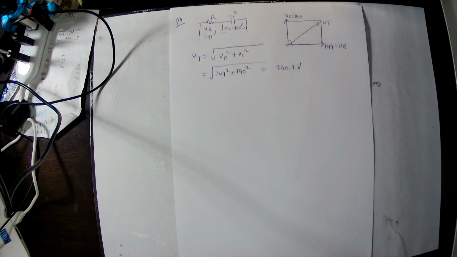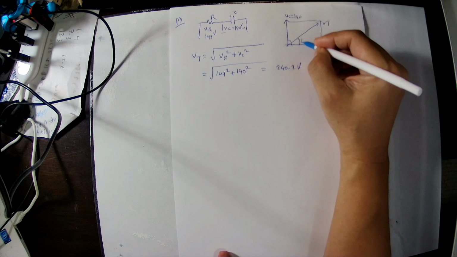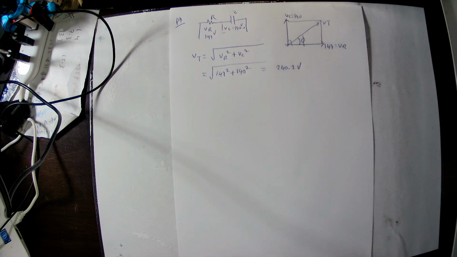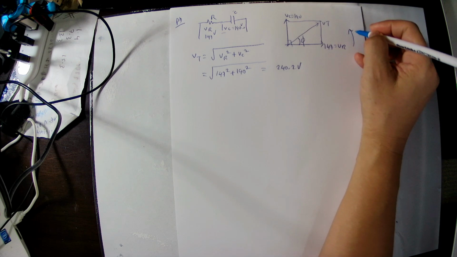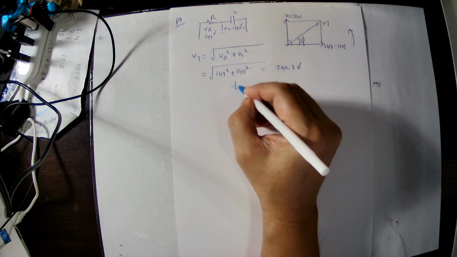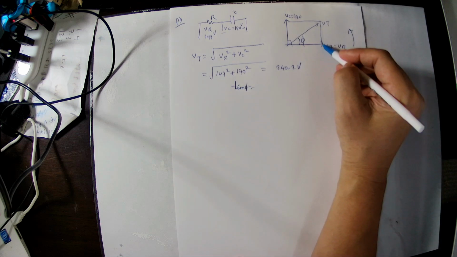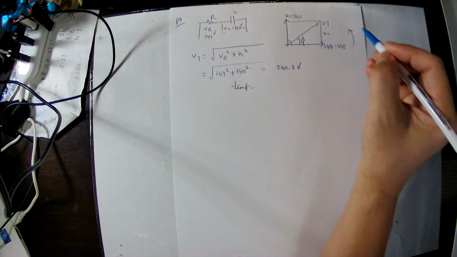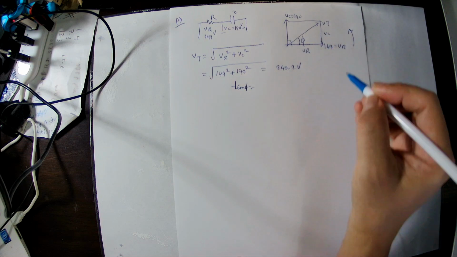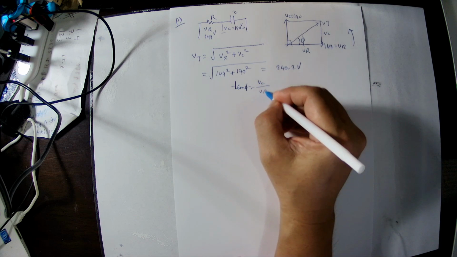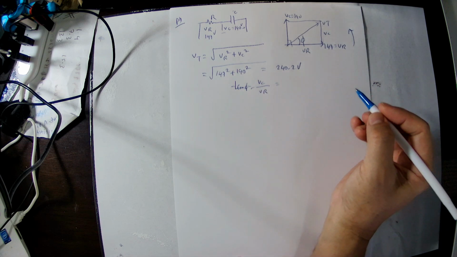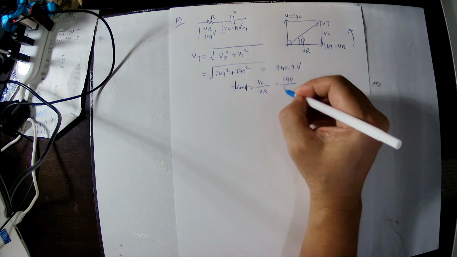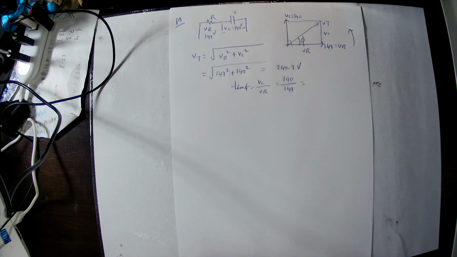And also then we find out the angle. This angle phi, we need to find out how much angle is leading. So this one is going like this, a leading. So tangent phi can be calculated as opposite side divided by adjacent side. VC is the opposite side, VR is the adjacent side. So VC by VR, 190 divided by 147, we calculate tangent phi.